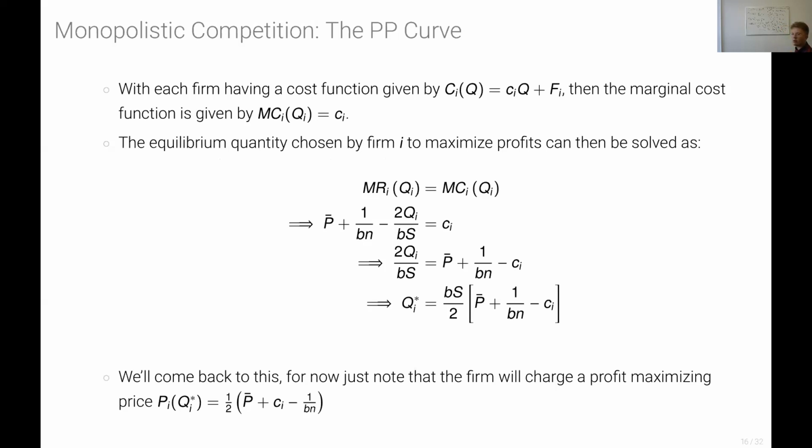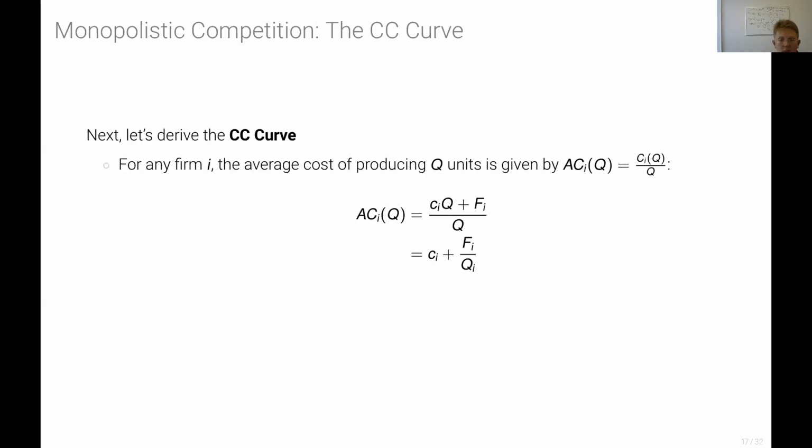And then we'll come back to it once we've made an assumption about whether these firms are homogeneous or not. So next, we're going to derive what's called the AC curve. The AC curve is just another way of referring to the average cost of a firm of producing Q units.